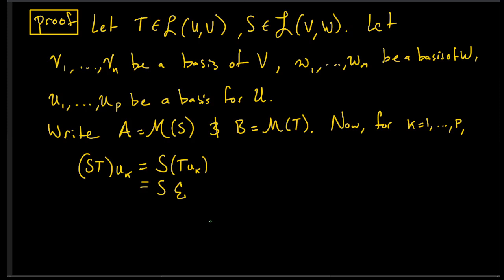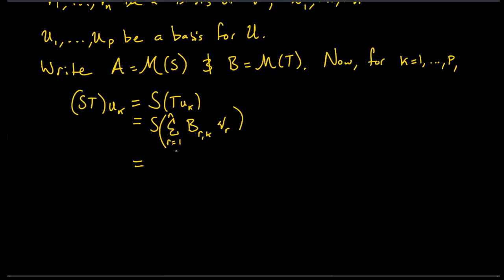Okay, so this is the sum from r equals 1 up to n of B_rk V_r. Okay, but hey, I just have a linear map acting on a linear combination right here. I can split it up.